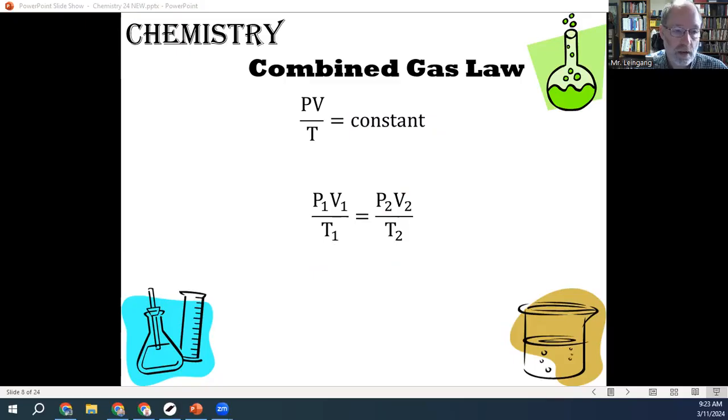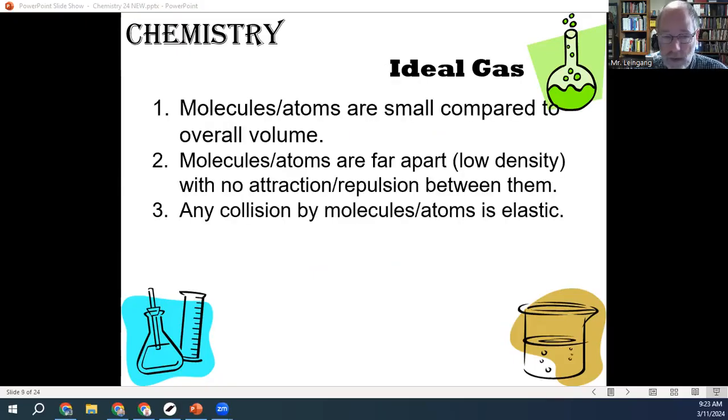So we'll be using the combined gas law quite often. And part of the way that we'll use it is to get a gas into a range of properties where we can refer to it as an ideal gas.